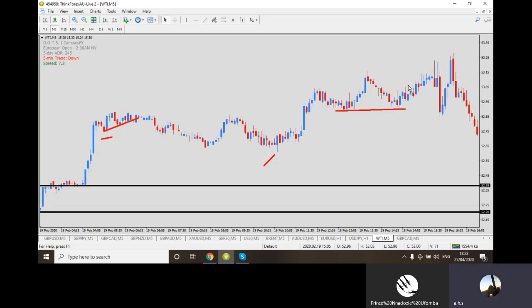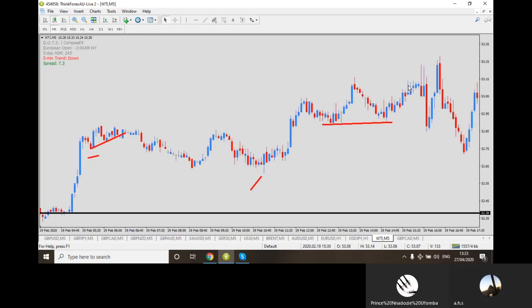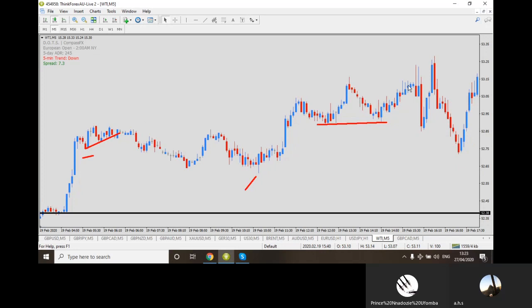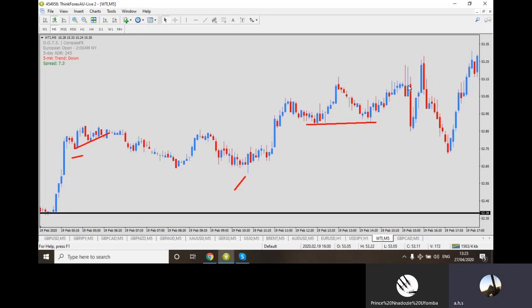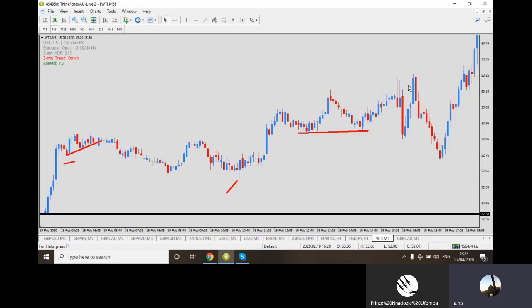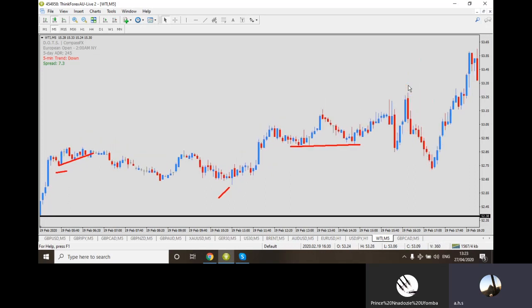And the market does eventually end up going up for the day. But look at that!